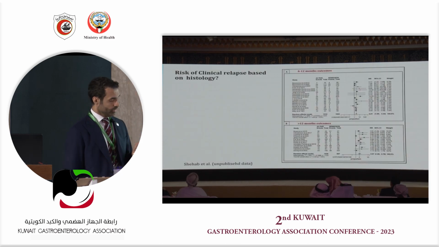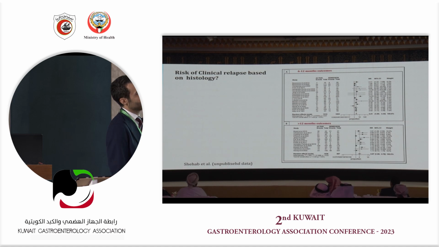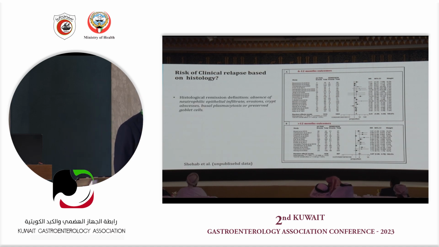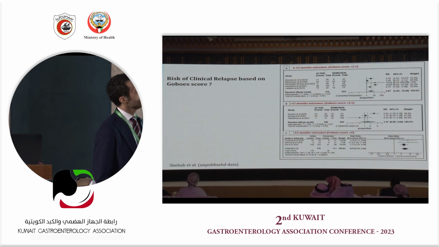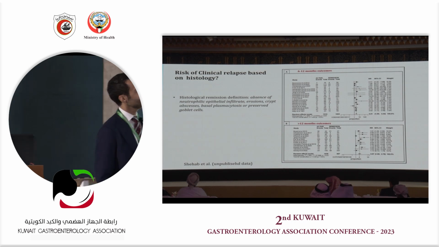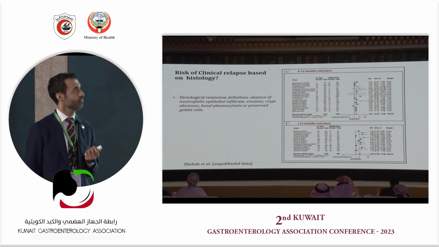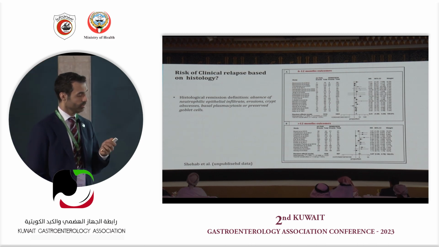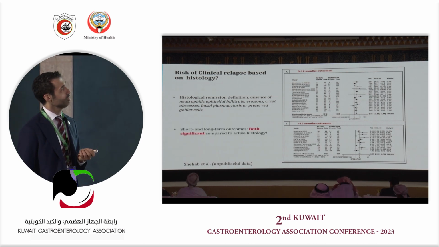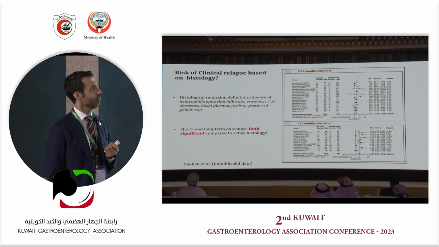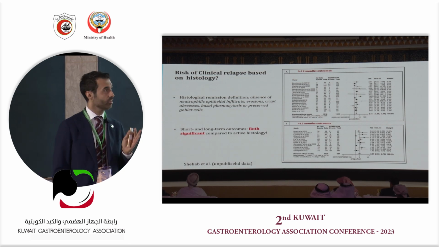So, risk of clinical relapse. The histological remission definition was absence of neutrophil epithelial infiltrate, erosion, crypt abscesses, basal plasmacytosis, with preserved goblet cells. You can see that both short- and long-term outcomes were significant compared to active histology.